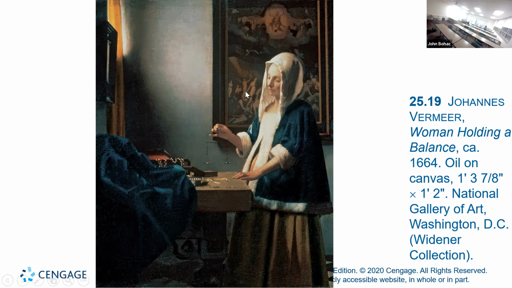But at any rate, we see in the background here an allegorical painting, and you can see up here this is Christ, and you can kind of figure this is a Last Judgment kind of depiction here. But at any rate, it's real.